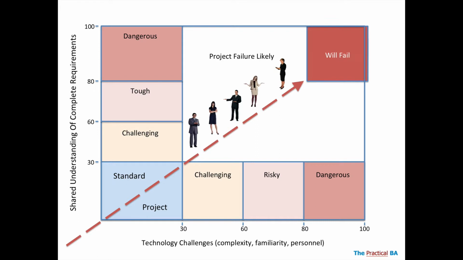So as you can see, if you have a really tough piece of tech that's hard to understand as far as not only implementing but what its benefits are, and you have a tough time getting requirements, and you have a bunch of different stakeholders and diversity in those stakeholders and challenges in getting a shared understanding with those stakeholders, you can be closer to the will fail area on these big projects. And Waterfall is designed to help mitigate that risk.